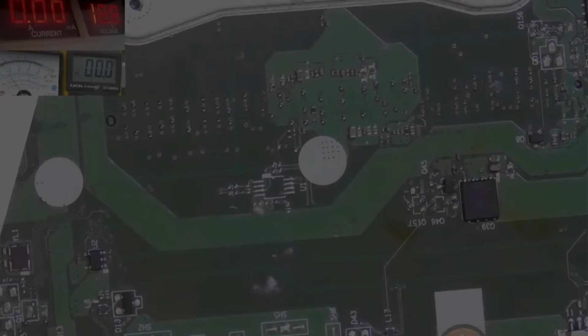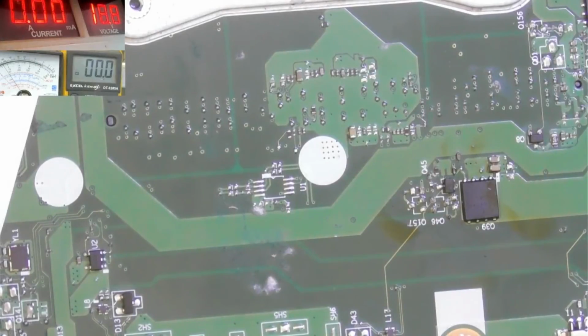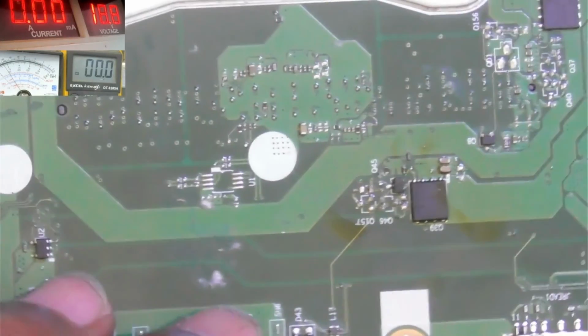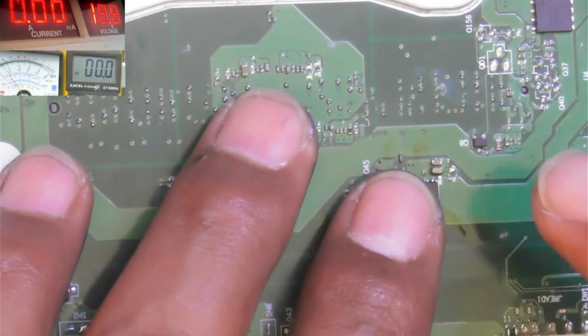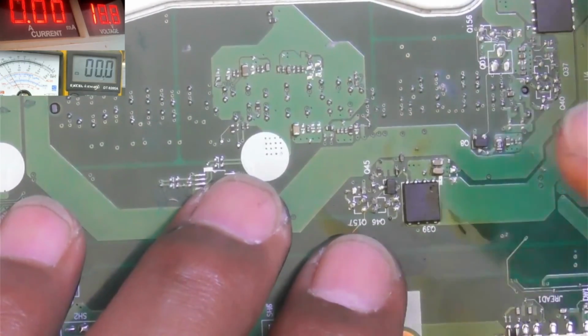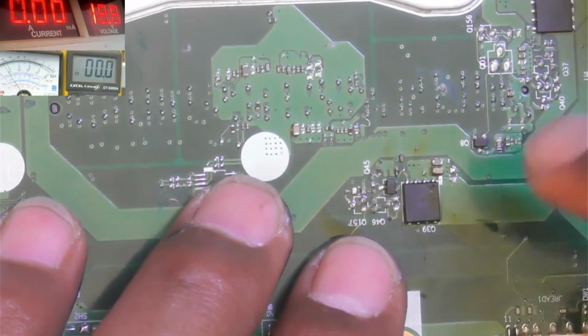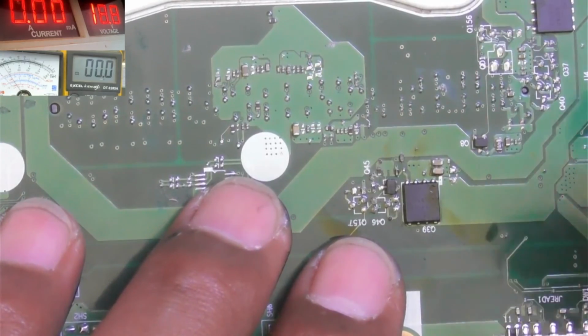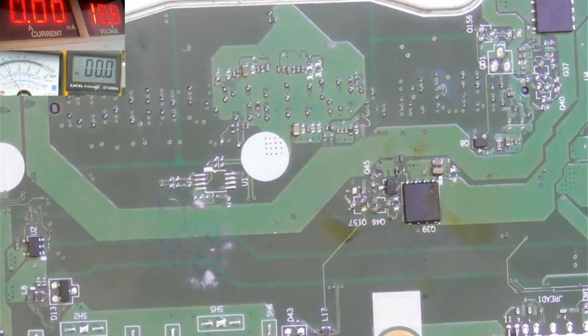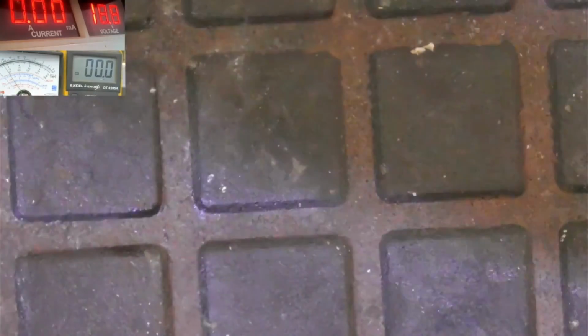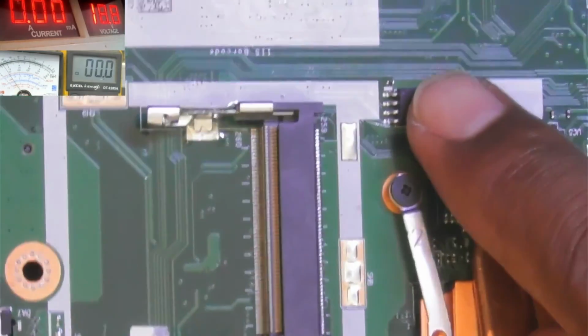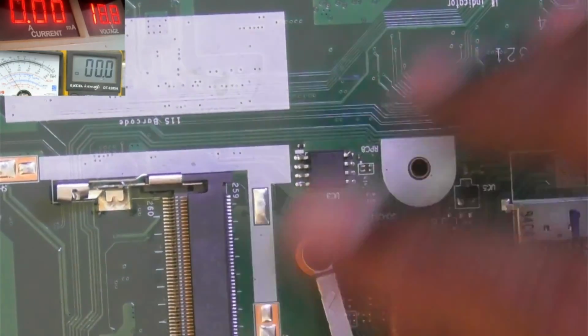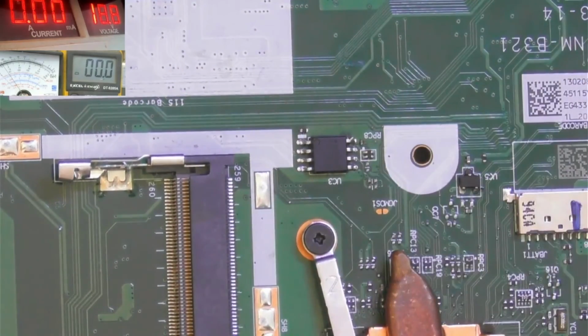So the 1.8 volt is now working well. This voltage, my friends, is used by the BIOS chip here and other components on this motherboard.